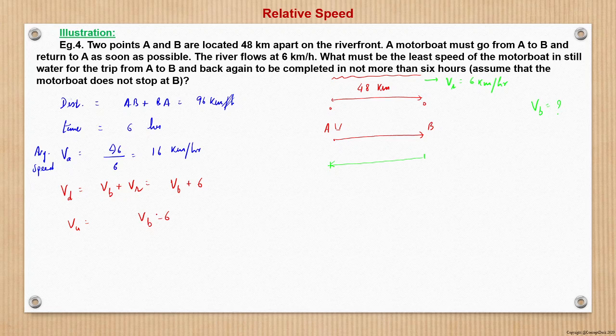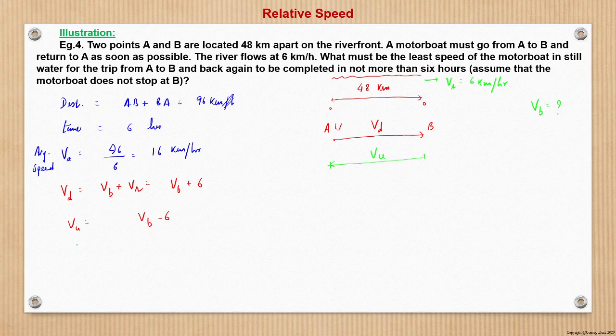This we know. So what is the average speed? Here it is going at the speed of VD, and here it is coming back at a speed of VU, right?